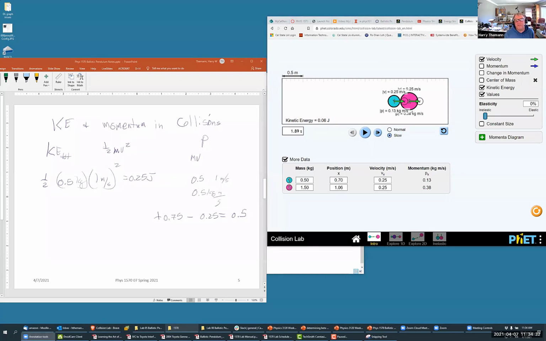So 0.13 and 0.38 are actually 0.125 and 0.375. And you can do the math yourself. So we notice that the momentum stays constant, but notice that, and I calculated it. Where is it?